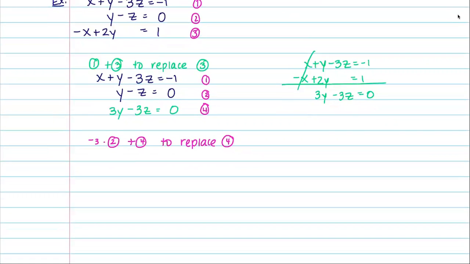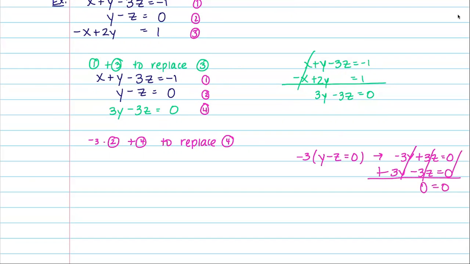Let's do that work off to the side. I have -3 times my second equation, so that equals -3y plus 3z equals 0. And then I'm going to add that to my third equation, which is 3y minus 3z equals 0. And what I notice is that everything eliminates. So I have 0 equals 0.